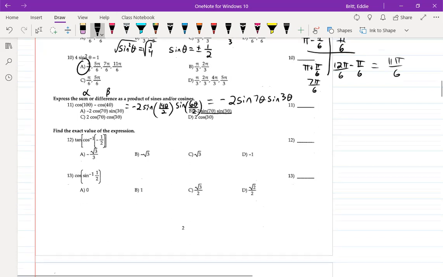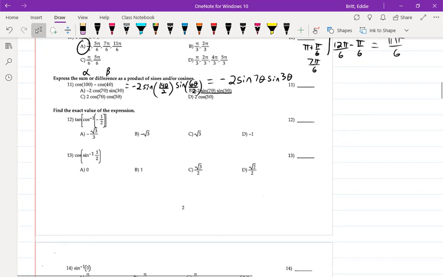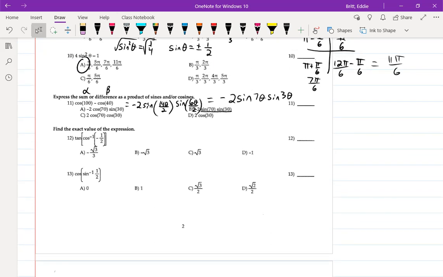All right, now 12 and 13. 12 and 13 are going to be problems where we use X, Y, and R. So we start with what's on the inside, and we'll say the cosine of theta is equal to negative 1/2, which is equal to X over R. Now, which quadrant is inverse cosine negative?